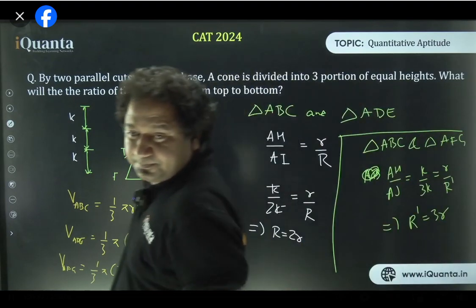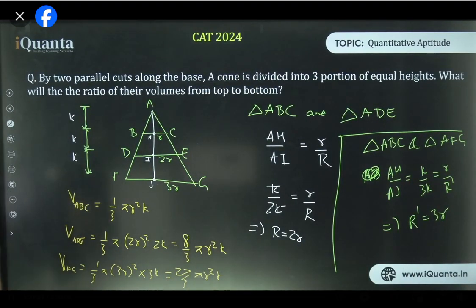Is that right? Is that clear, everyone? Tell me in the comment if it's clear or not. Volume of ABC, ADE, and AFG.